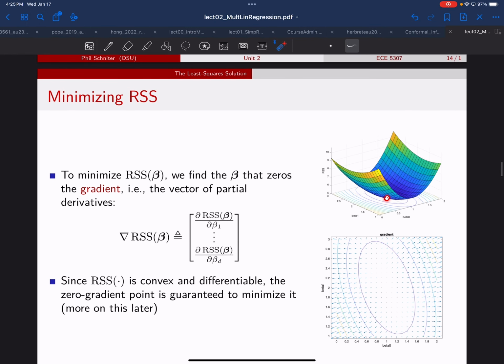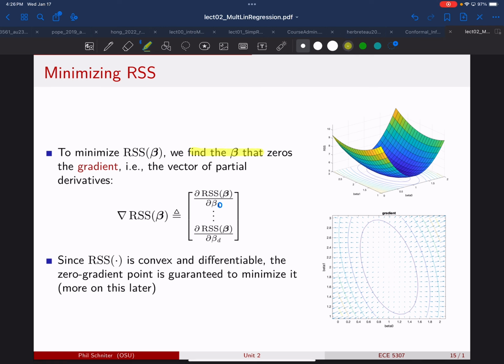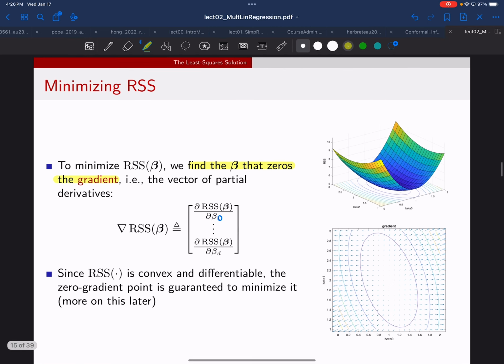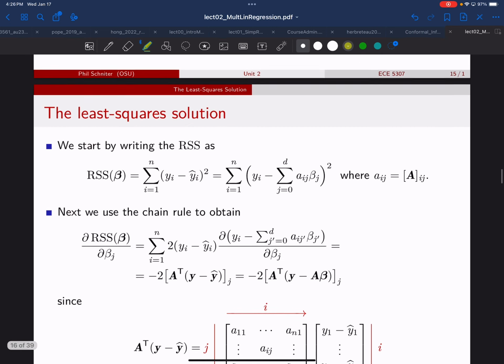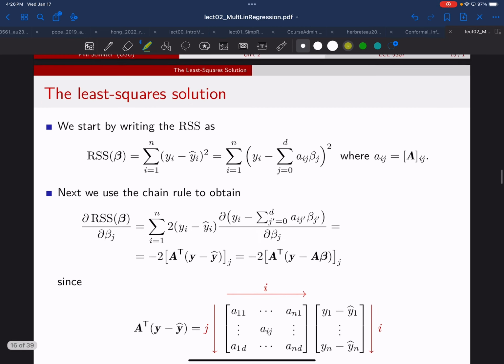So that's our approach. Find the beta where the gradient is 0, and that will be the solution to our problem. That will minimize our RSS. Okay, any questions?